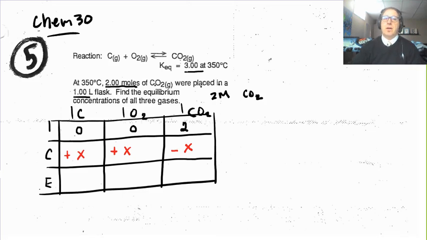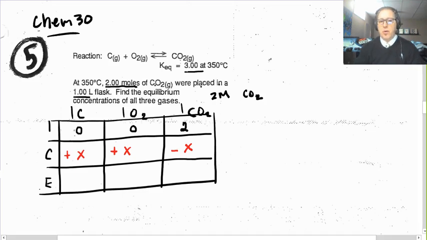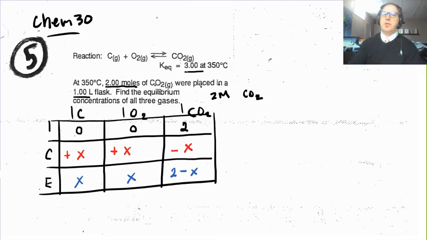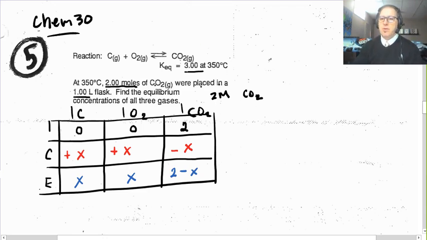And now we can fill out the equilibrium row. So I have x for carbon, x for O2, and here I have 2 minus x. So that's how you fill out your ICE chart. And once you've got those equilibrium concentrations, that's what's going to be really important going forward, because we want to use the equilibrium concentrations in the equation.